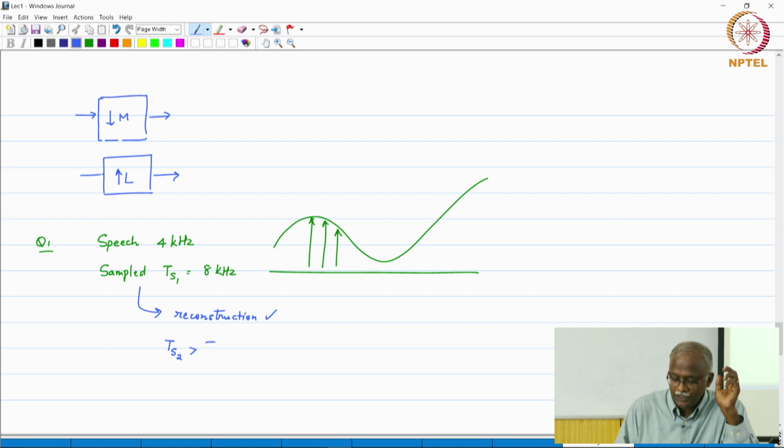Now, what would happen if I took these samples and reconstructed them at a sampling period Ts2 which is greater than Ts1? You understood the question? I have samples, they have been taken at a certain sampling rate, but I am playing them back, or reconstructing, at a faster rate. What would it sound like?